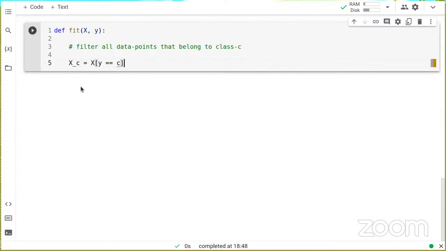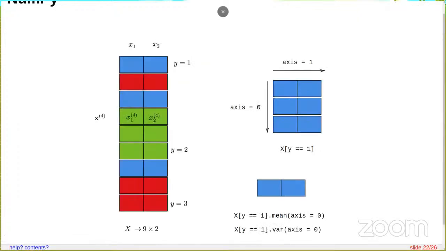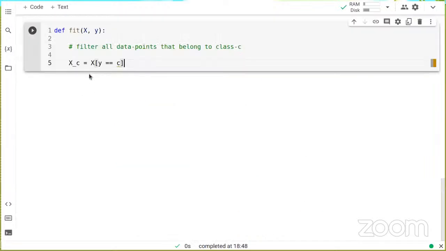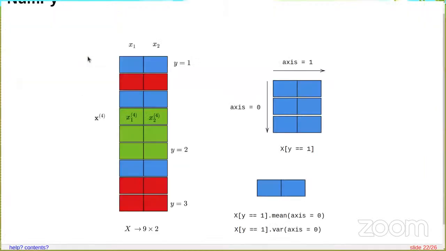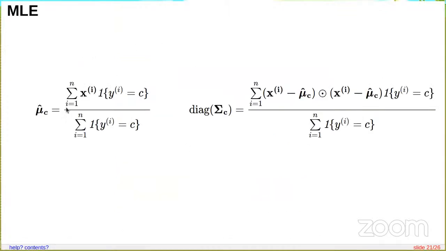Right. So I have now filtered all my blue points. For example, here it will be y equal to 1. Once you have filtered it, all that I need to do for estimation is get the mean of all these points.